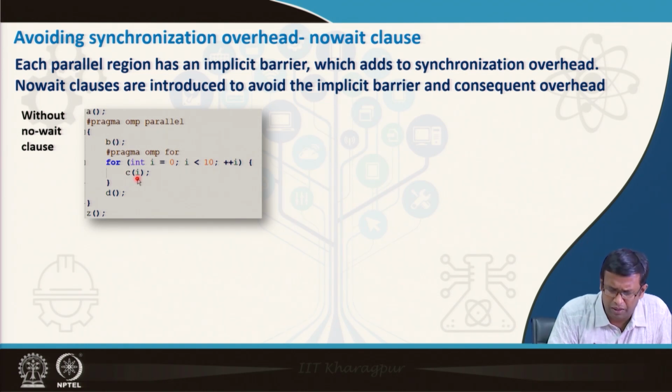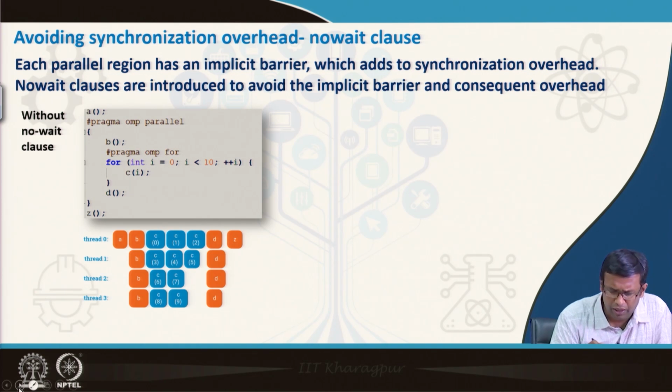Then they call a function and update some variable. Now in the for region there is a loop in which some variable C is updated, and then this for loop ends, a variable D is updated by the threads, and then this parallel region ends. At this point only are all the threads free, and they can work on the part Z.